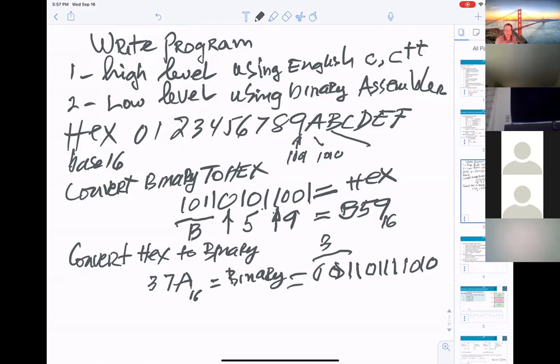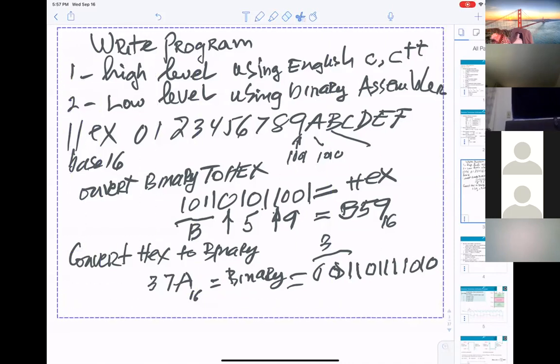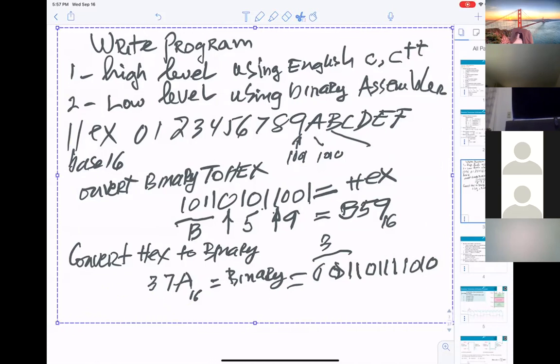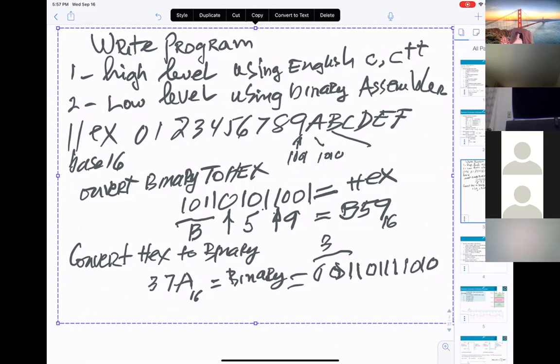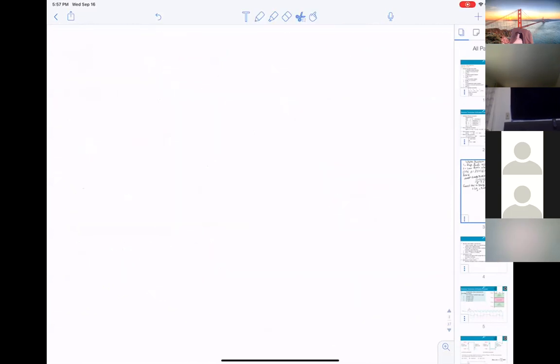Okay? And now, for the technician, for your work, why do you need to know? Is hexadecimal used for hardware addresses?